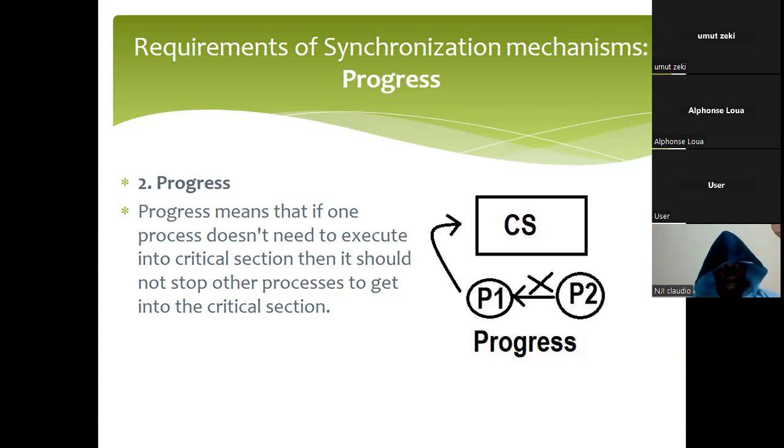If there is this kind of situation, there should be a mechanism that says to you, okay, go out, take the money and come back. So if one process will not enter the critical section, it should not prevent the others from entering. I hope you get me.